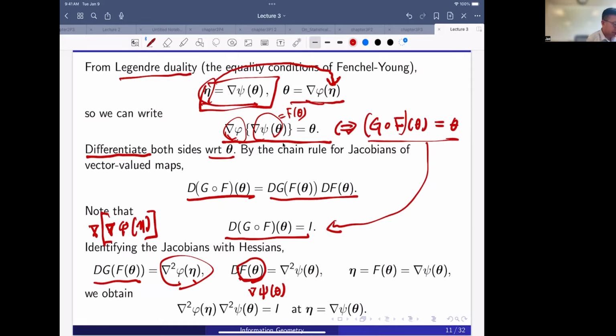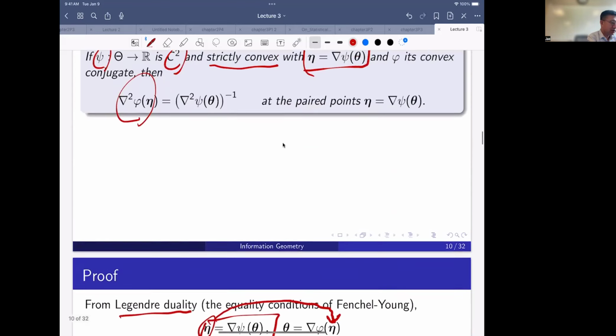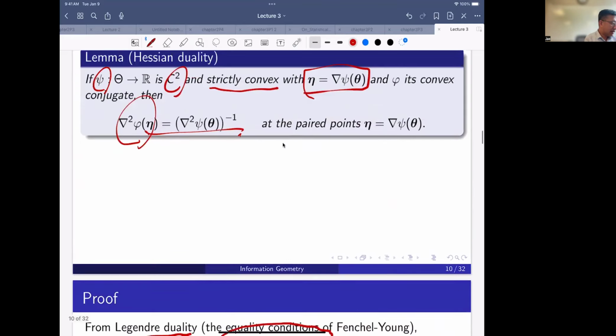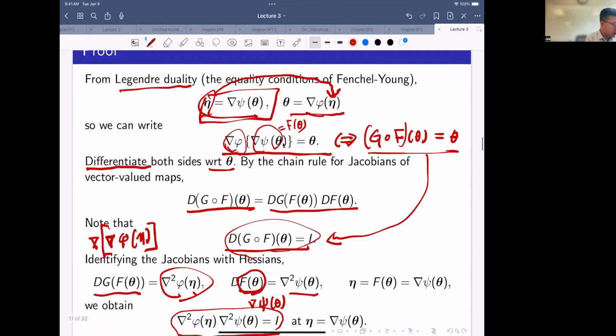And so you get this one. So basically this identity using the chain rule gives you this result. Okay, so that is about Hessian duality.